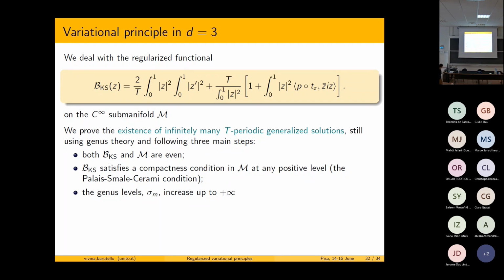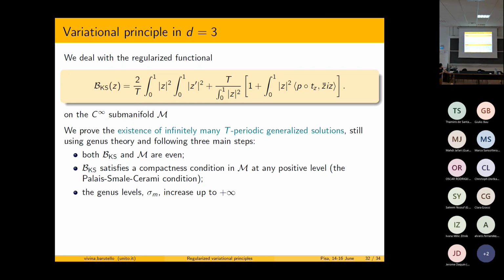I didn't know it, but I think it is quite well known in the field of these techniques. It's just a weaker condition than the Palais-Smale condition, and it is enough to apply the Krasnoselskii genus methods. So these are the minimax levels, which you can prove go up to infinity, and so you have infinitely many solutions also for the three-dimensional case.